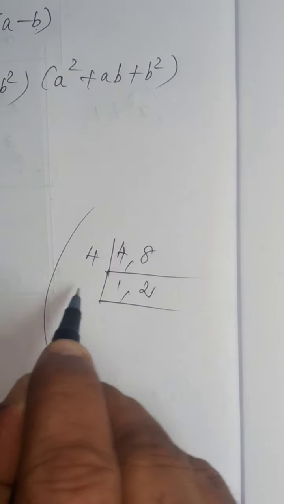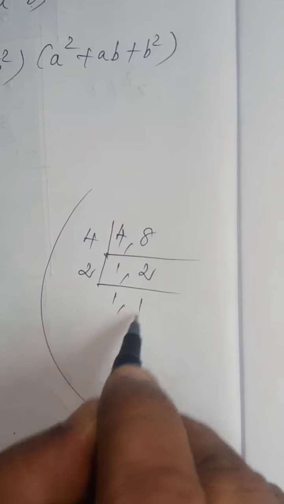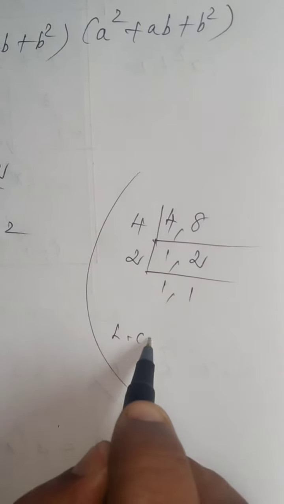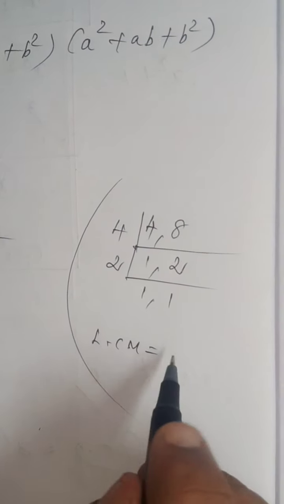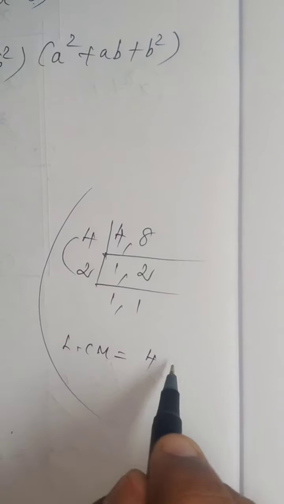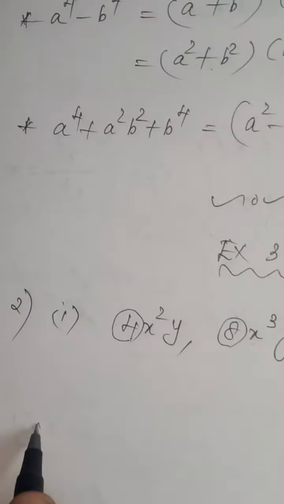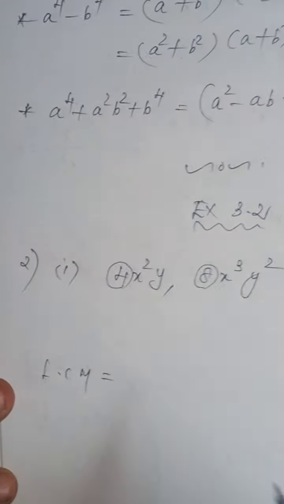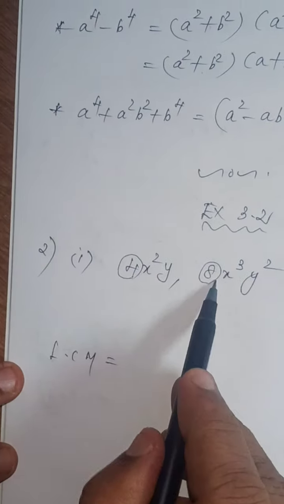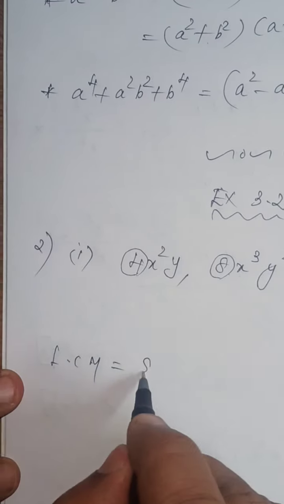Then 1 and 2 can divide by 2 table, 1 time, 1 time. See, LCM for 4 and 8 is 4 into 2, have to multiply both. 4 into 2 is equal to 8. So now write LCM equals 8.